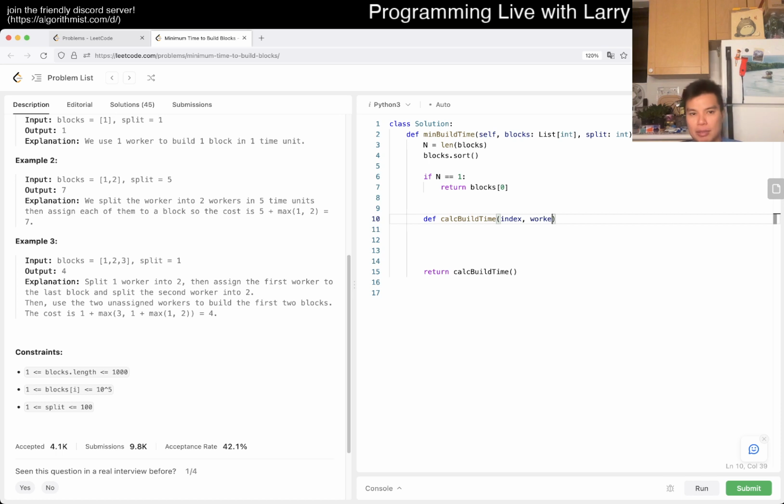I think the number of workers is fine. And this is n squared already.